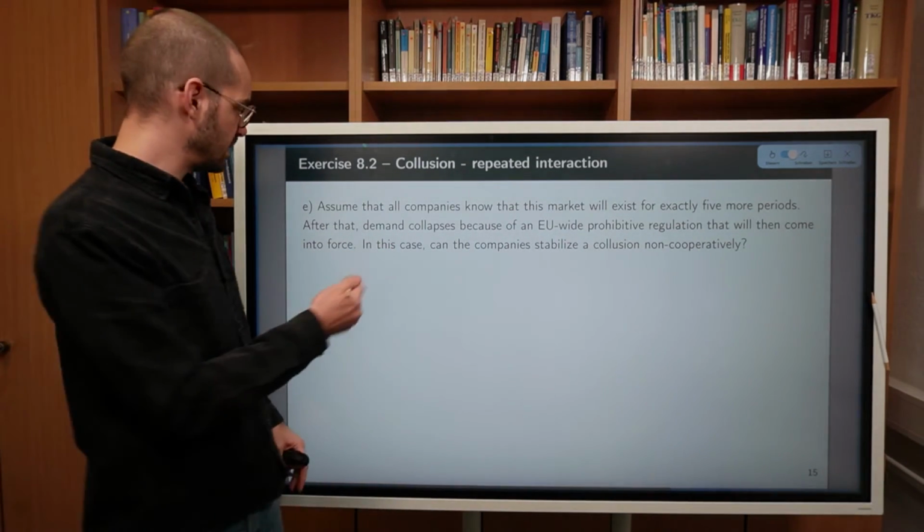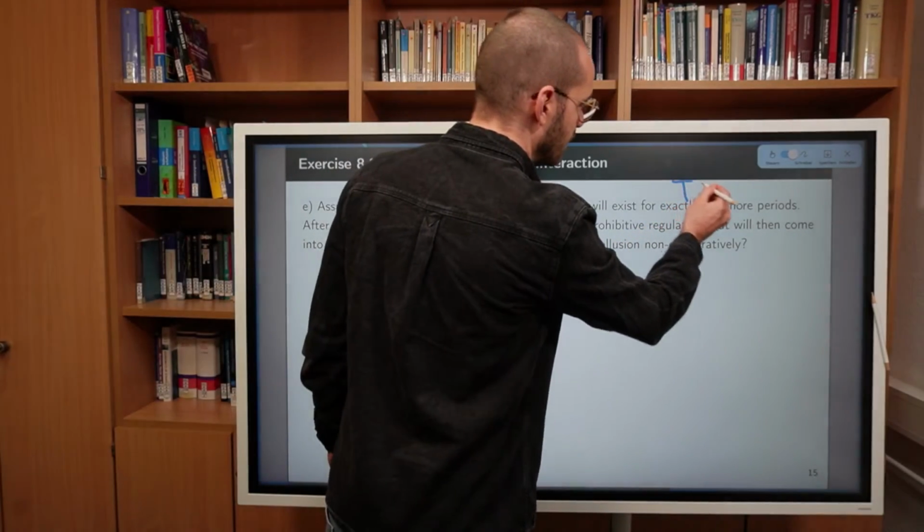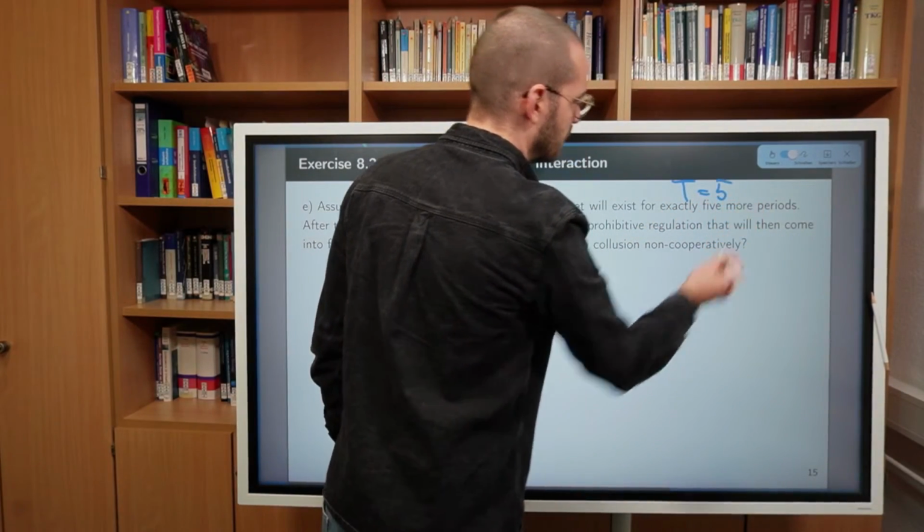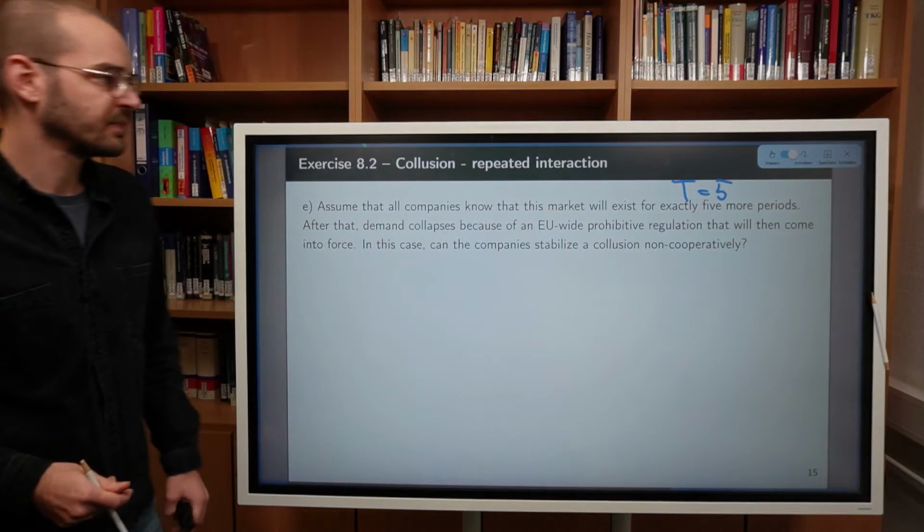Or what this means is, of course, assume capital T equals 5.